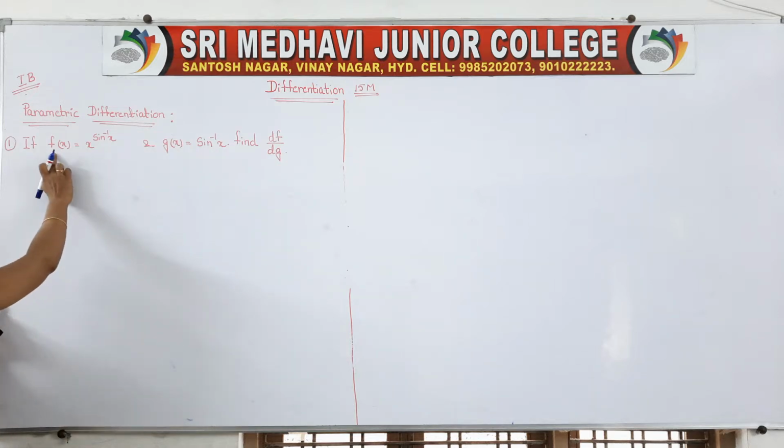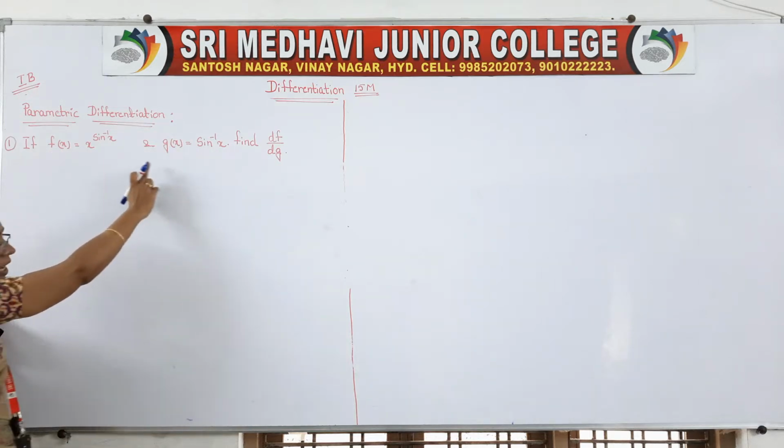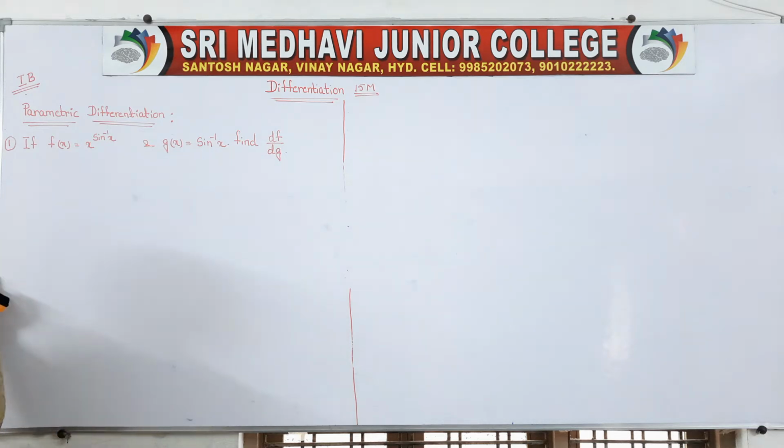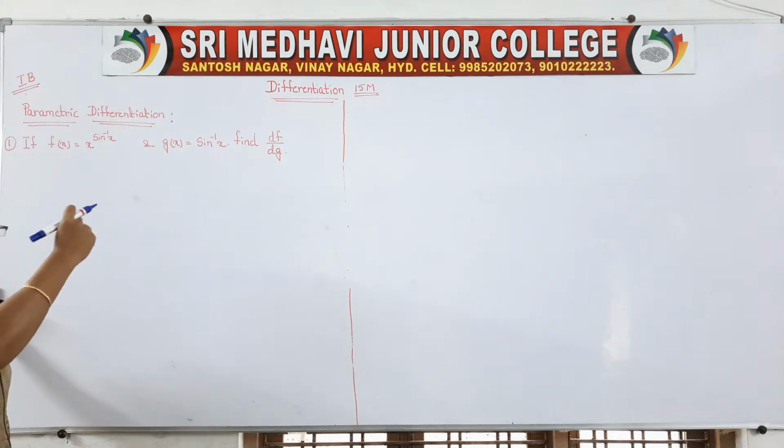See, your f of x is one function and g of x is another function. Find df by dg we have to find. So f is in terms of x and g is in terms of x, right? So we have to differentiate f with respect to g, df by dg.